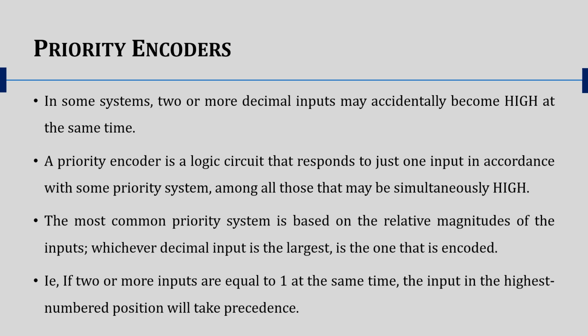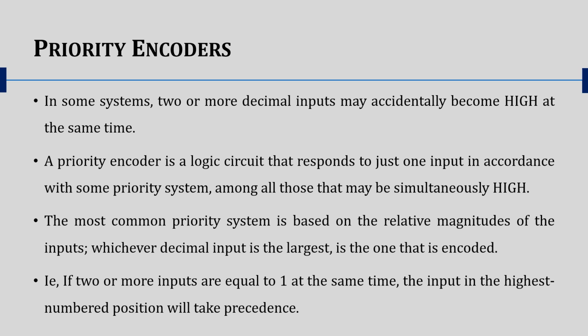So let's discuss the priority encoders. In some systems, 2 or more decimal inputs may accidentally become high at the same time. That is one of the disadvantages of normal encoders. To overcome that issue, we make use of priority encoders.